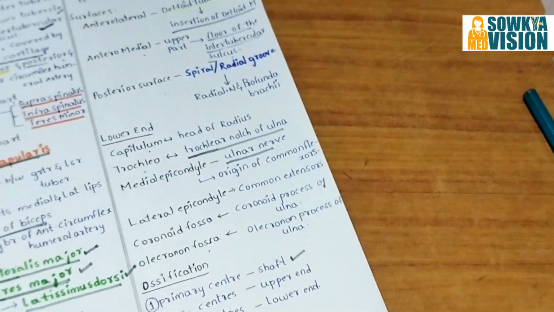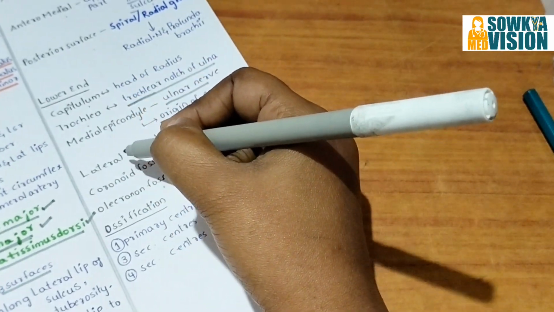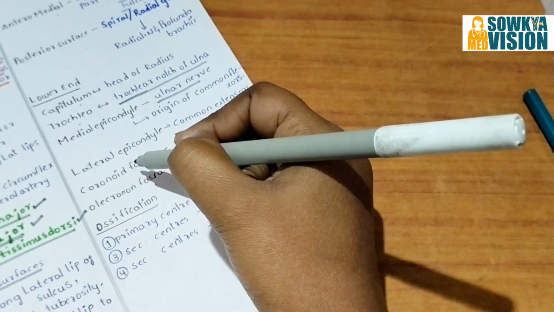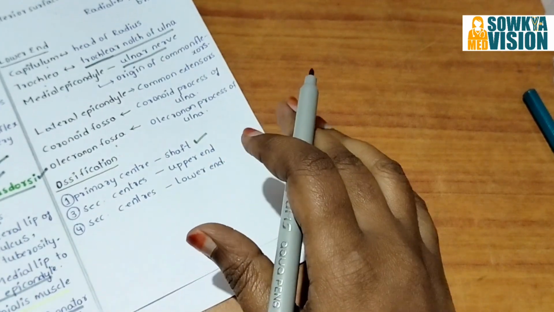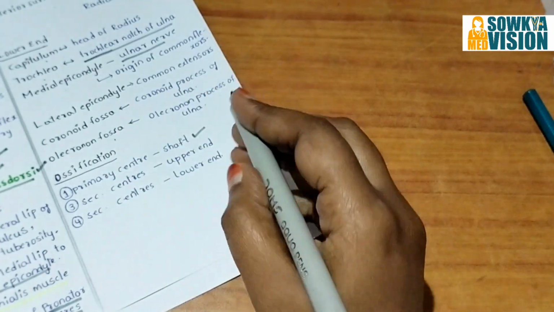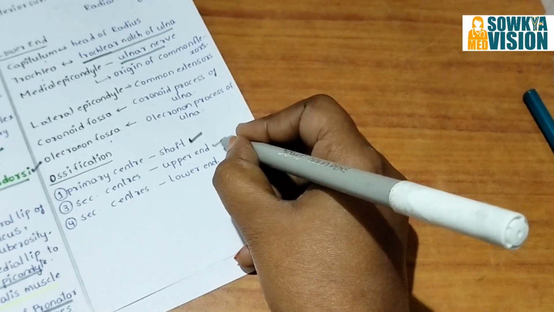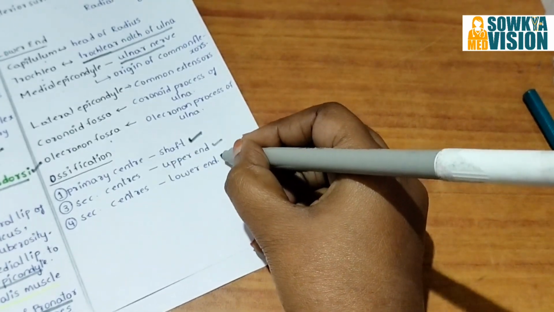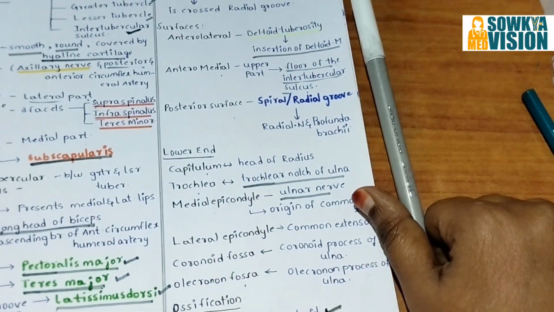Yes, these are the parts of lower end: capitulum, trochlea, medial epicondyle, lateral epicondyle, coronoid fossa and olecranon fossa. Let's see the ossification. There are 8 centers of ossification of humerus. One is the primary center, obviously for the shaft, and 3 secondary centers for upper end and 4 secondary centers for lower end. And this is a complete brief discussion about the humerus.